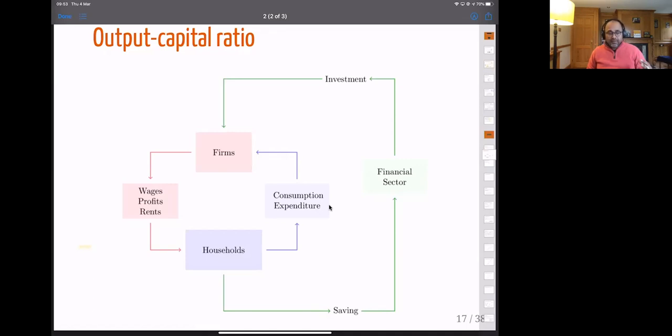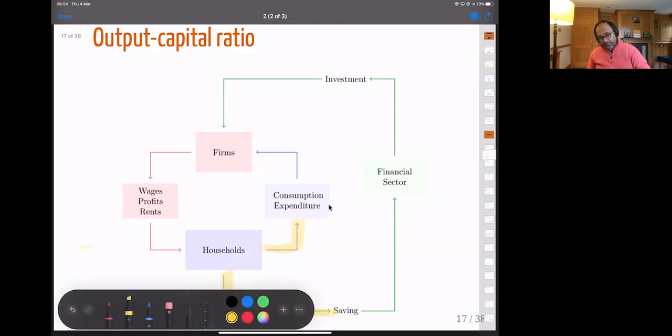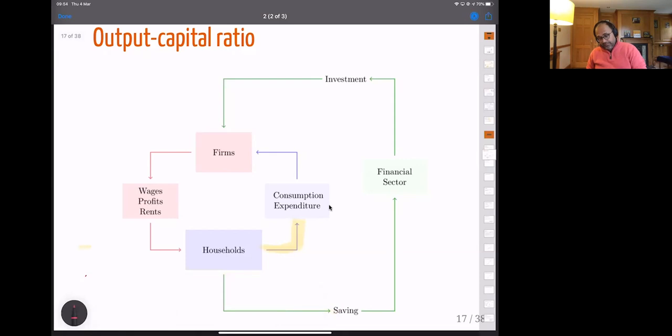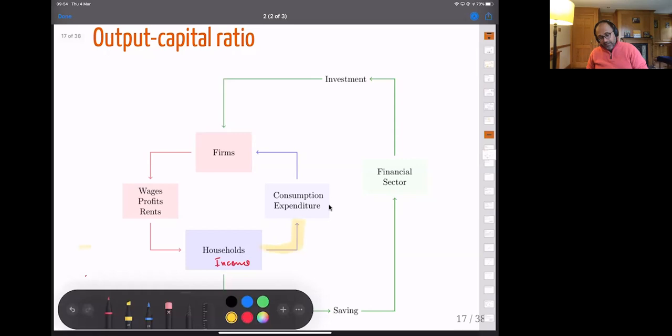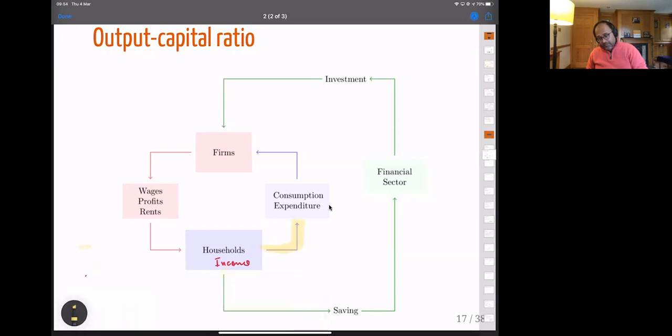We're not saying anything profound here. It's a mundane fact that whatever income you have in a household, you can either spend it on consumption, or you can decide to save it. So any income that the household has gets divided up between consumption and saving.